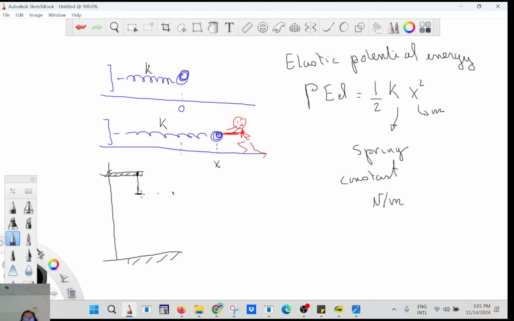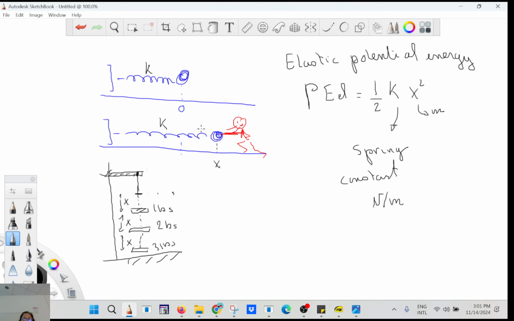So that will be your unstretched Pilates band, and now you put 1 pound. That will be the stretch X. If you put 2 pounds, the stretch will be twice as much. And if you put 3 pounds, it's going to be 3 times more stretched. That's just an idea that came up in my head, so you can do it at the gym if you want.